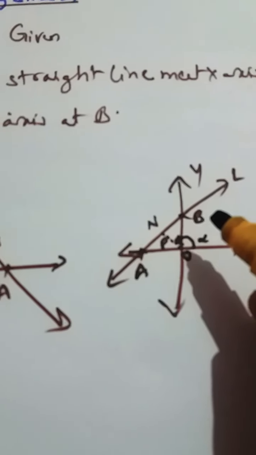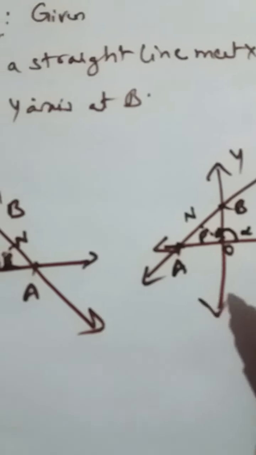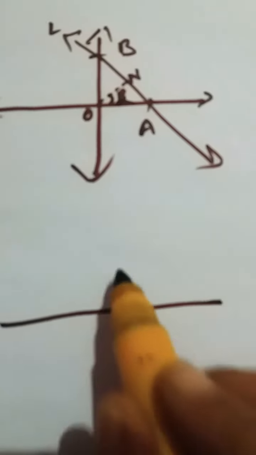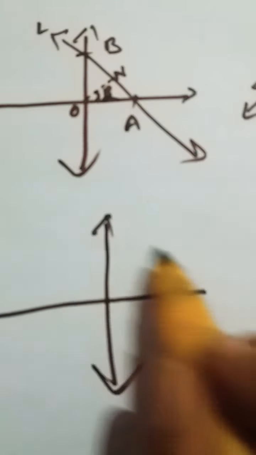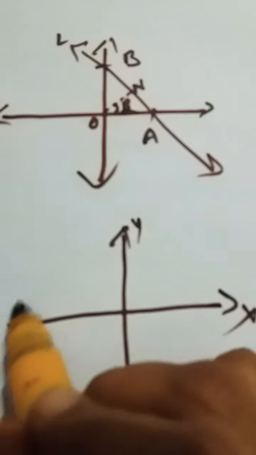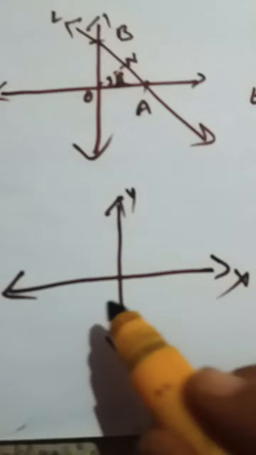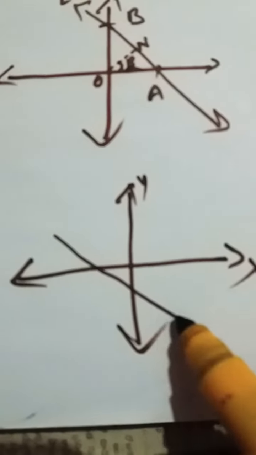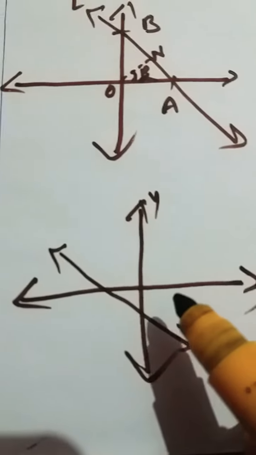So, line L may lie in the third quadrant also. So, I will draw one more figure with x-axis, y-axis. Now, our line may lie in the third quadrant.